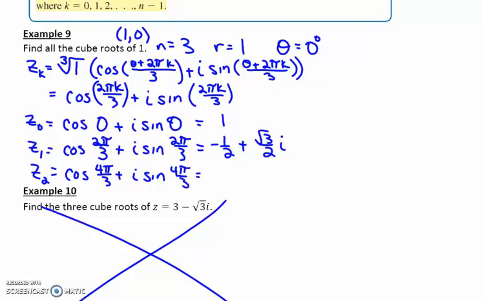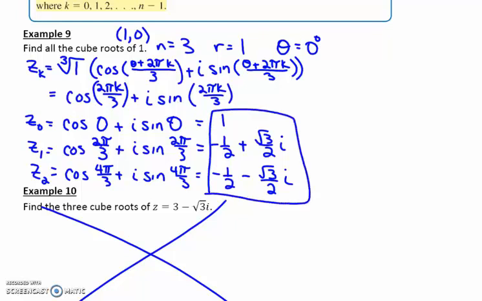Again, looking back to your unit circle, the cosine of 4 pi over 3 is negative 1/2, and the sine of 4 pi over 3 is negative square root of 3 over 2, and don't forget your i with that. So these are the 3 roots of 1, the cube roots of 1.